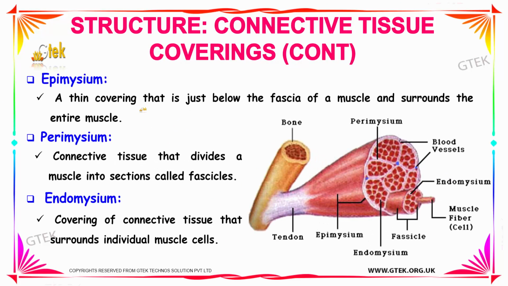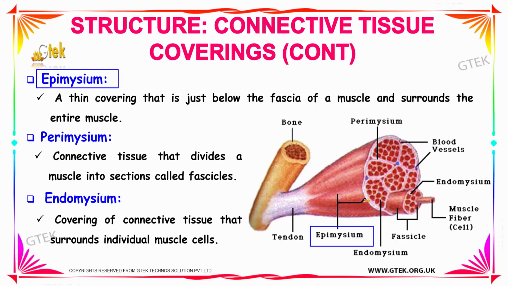We are going to see the structure of connective tissue coverings, how the muscles have their coverings. Epimysium is the thin covering that is just below the fascia of a muscle and it surrounds the entire muscle.